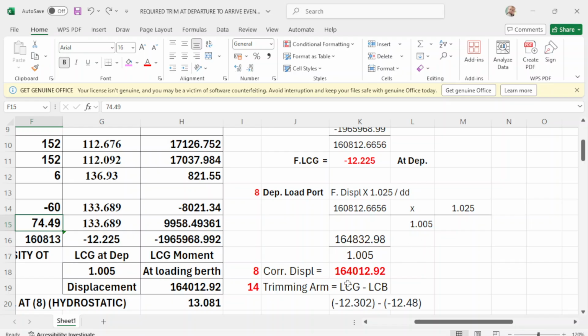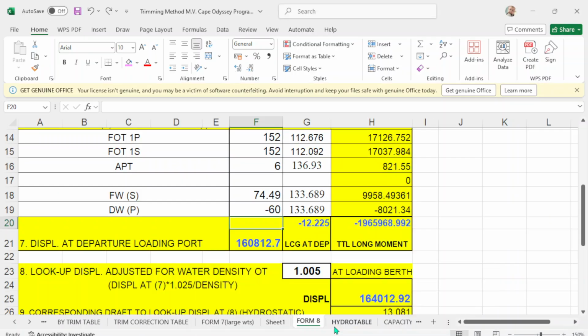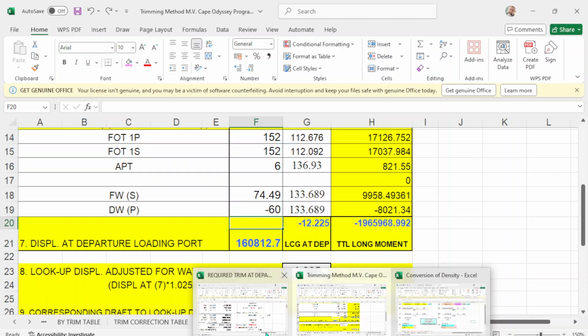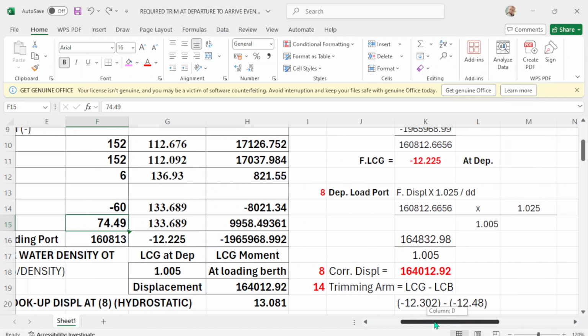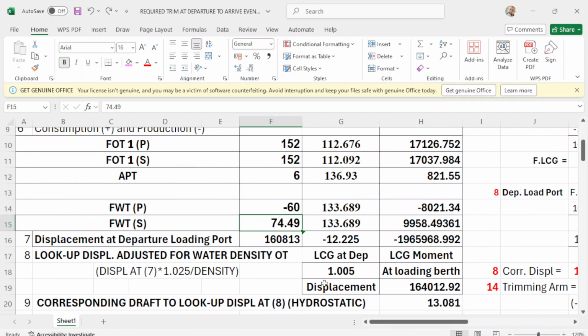Your corrected displacement will be 164,012.92, which is the same with this one, 164,012.92. Okay, that will be in number 8, this one.